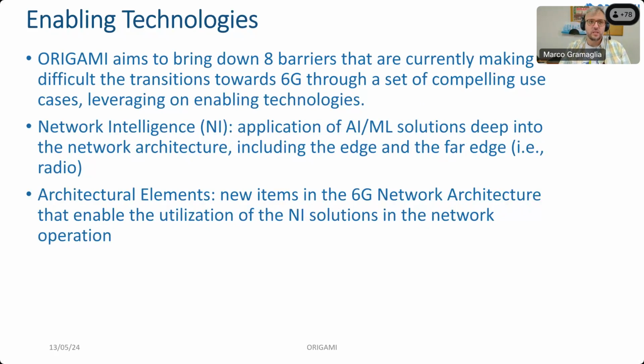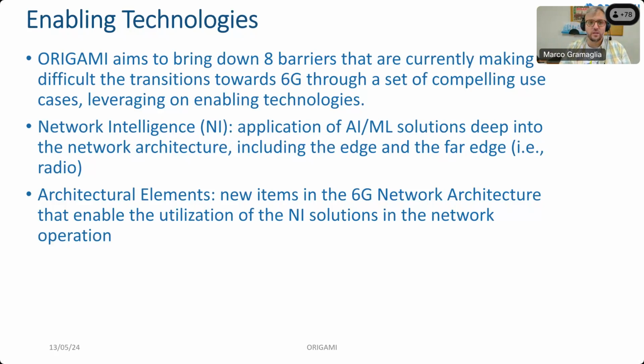Through a state-of-the-art analysis, we identified these 8 barriers that span very different domains, ranging from the radio access network up to the exposure of data towards service providers and other operators. So we understand that those state-of-the-art barriers should be brought down.